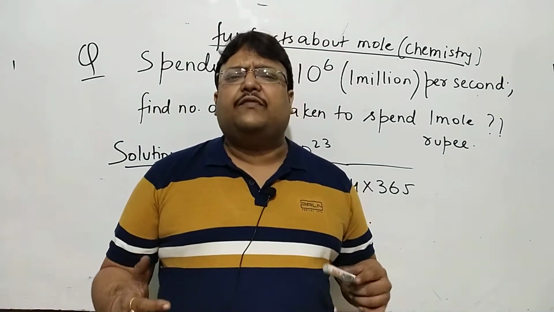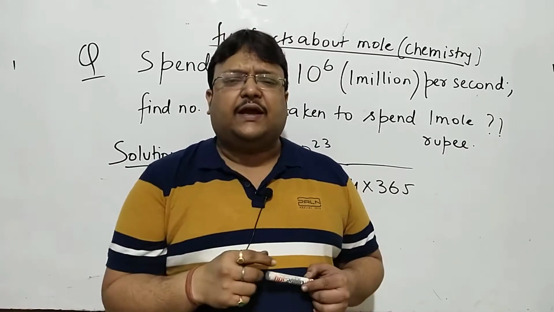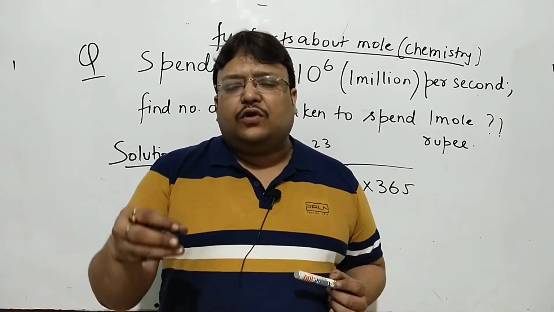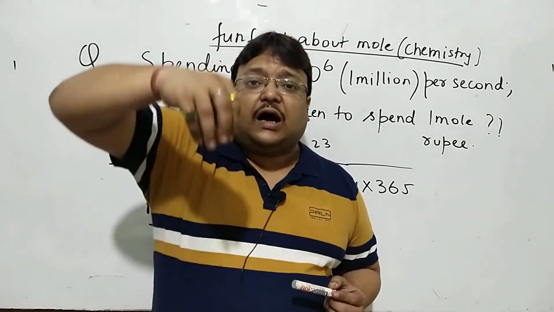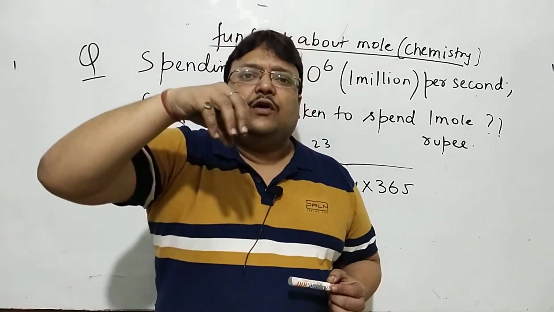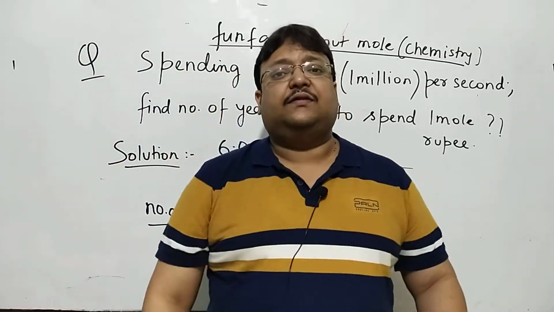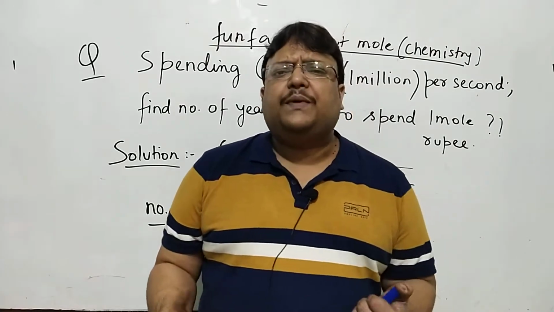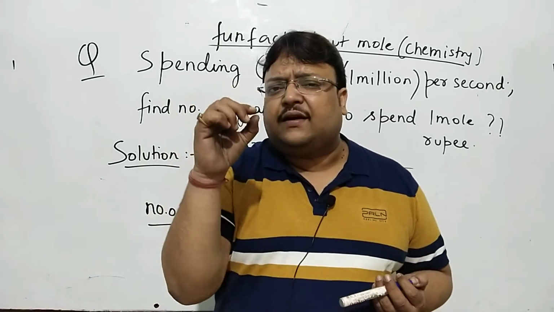But suppose you are given 1 mole of coins, the normal rupee coin which I have, and you're piling them up on top of each other, preparing a tower of 1 mole coins starting from the planet Earth. It's again going to be a problem of mathematics, because every coin will have its thickness in millimeters.